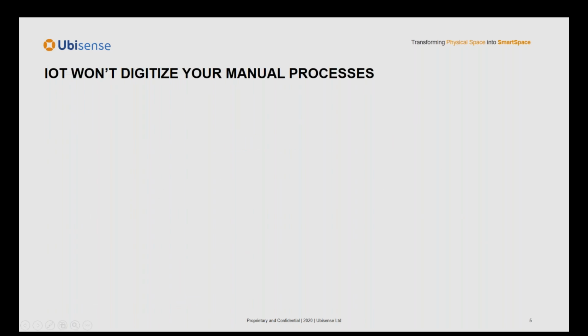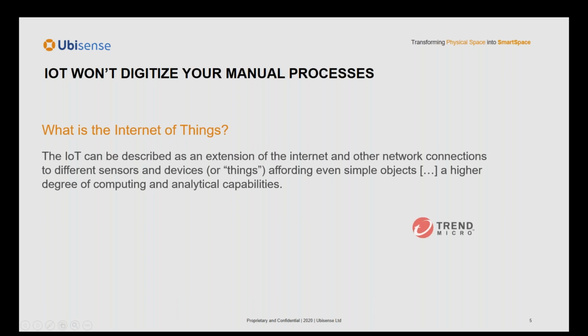We're gonna talk about manual processes here, and I'm gonna talk about IoT a little bit. And IoT will not digitize your full manual processes. So what is IoT? There is also many definitions on the internet, and there is this one from Trend Micro, which is the IoT can be described as an extension of the internet and other network connections to different sensors and devices, we call the things, affording even simple objects a higher degree of computing and analytical capabilities.